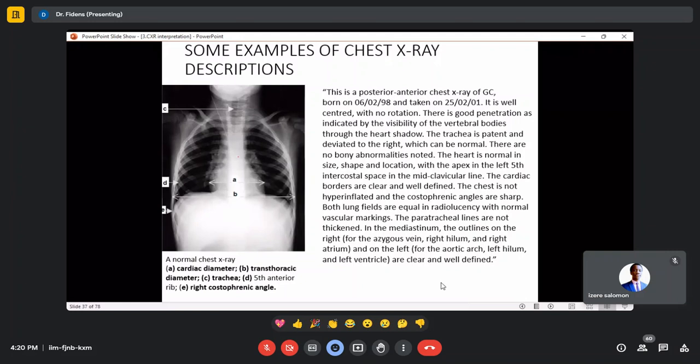Do you remember analysis and interpretation, what it means in radiology, in the 6 steps I told you? Who can tell me what analysis and interpretation is? Yes, thank you.